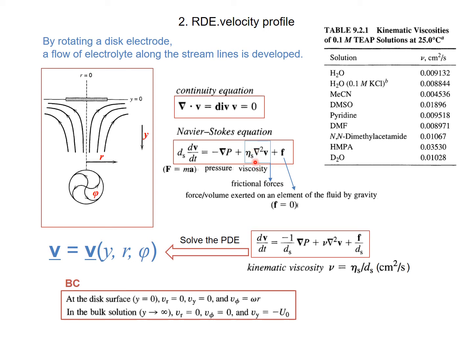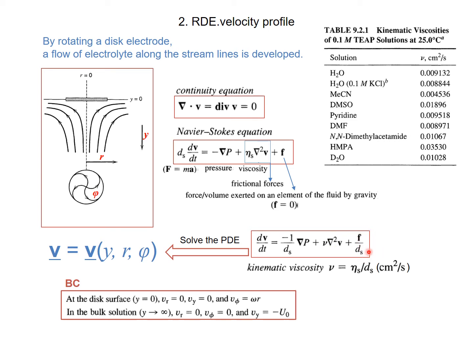Let me take one more step. So this equation becomes this after dividing both sides by density. So dv/dt is equal to minus 1 over the density of the fluid times the pressure gradient, plus the viscosity per density, which is defined as a new parameter, the kinematic viscosity, with the same term, plus the additional force per density.